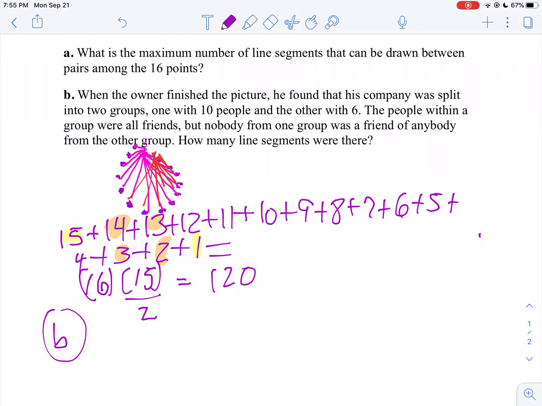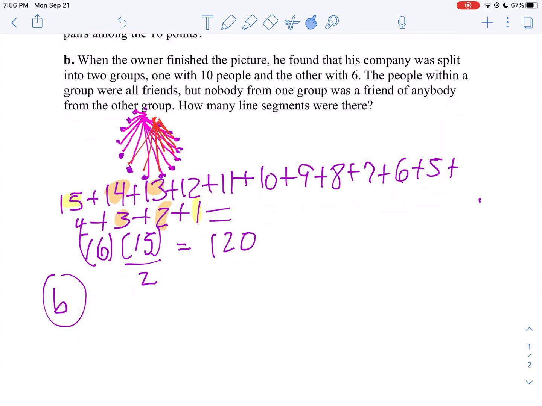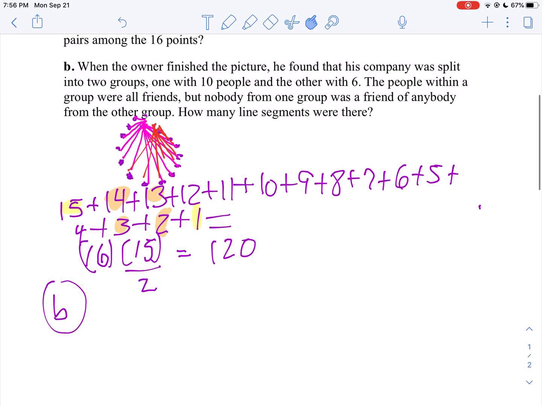We're going to go through the same thing. Now, on part B, we have a circle of 10 and a circle of 6. Will that be the same number of line segments or not? Well, let's take a look here.